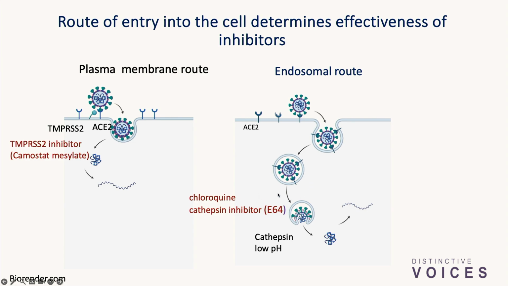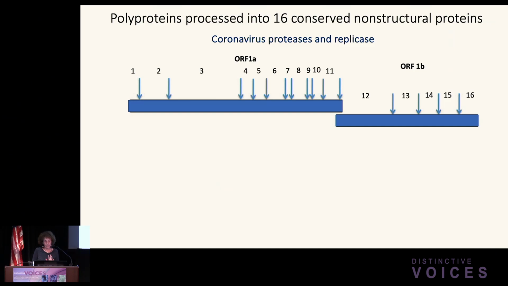So it makes it a little bit complicated because you don't really know which route the virus is going to enter by, probably both. So for me, it seems like this is not a great approach. Entry inhibitors are not a great approach for coronaviruses, and in fact, they really haven't been used very much. But on the other hand, I'll talk about the antivirals that have been used for coronaviruses.